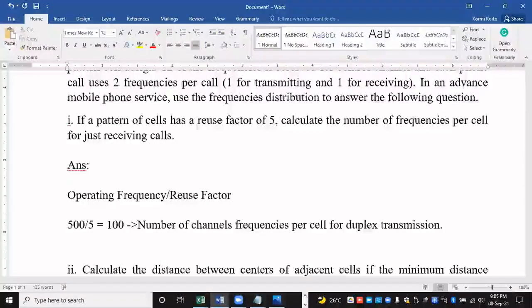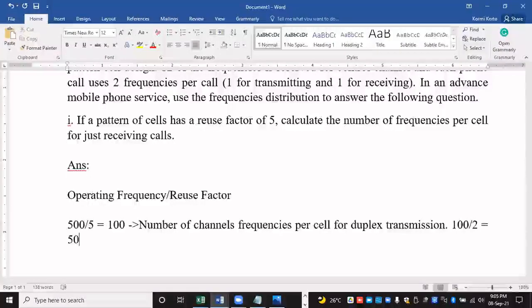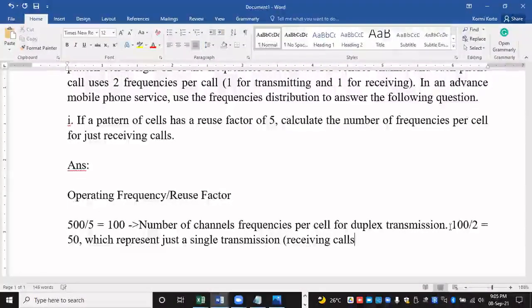So 100 divided by 2 gives you 50, which represents just a single transmission, in this case receiving calls.